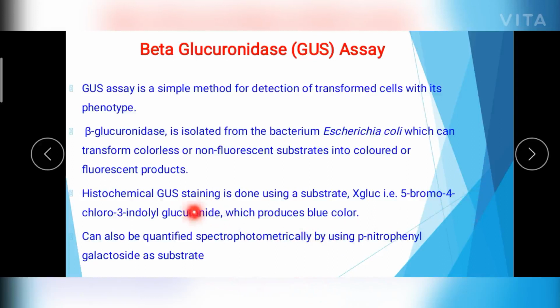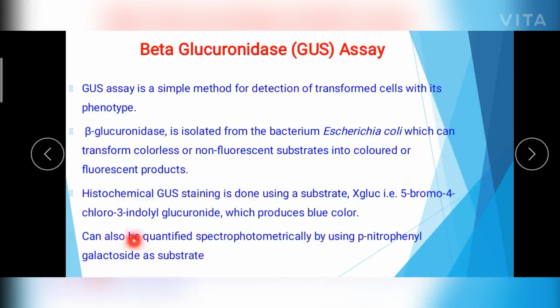So by means of histochemical analysis, when you use the substrate X-gluc, that is 5-bromo-4-chloro-3-indolyl glucuronide, the transformed cells, because they contain that particular enzyme beta-glucuronidase, produce a blue colored product, whereas the non-transformed cells show colorless, they will be appearing in colorless form.